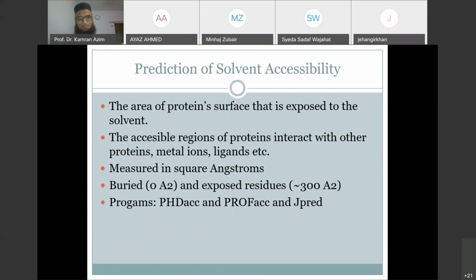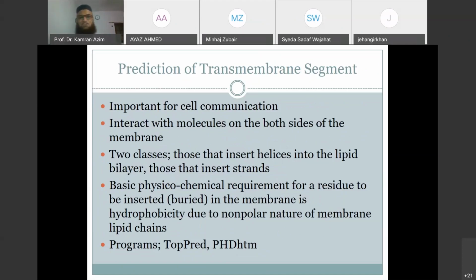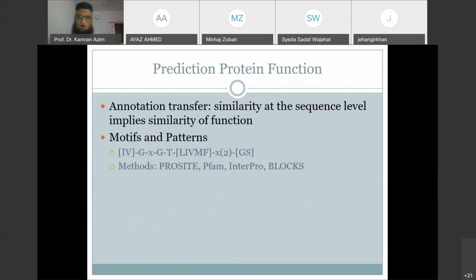We can also predict transmembrane segments in the protein using the sequence information, and we can also tell a lot about protein function, and about different motifs and patterns, using the protein sequence. So these are the predictive methods using protein sequences.